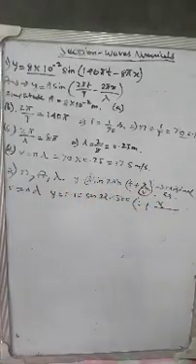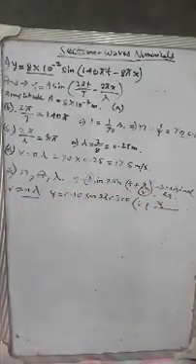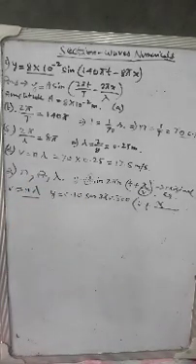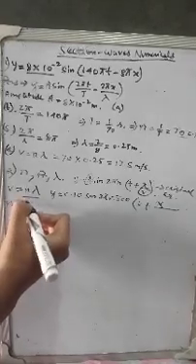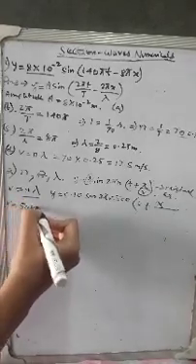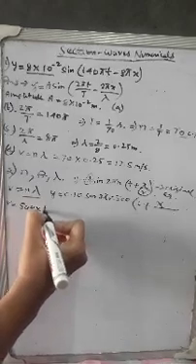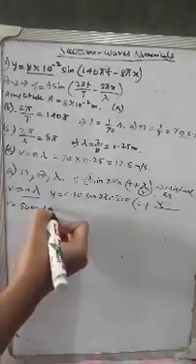Now I will calculate the value of v and then place it in the original equation. What will be the value of v? v will be equal to n, which is 500, the frequency's value, into the lambda value, 1 meter, whichever term you want to use.